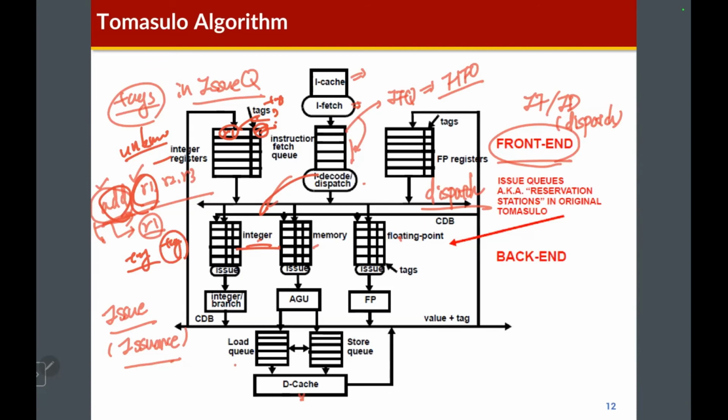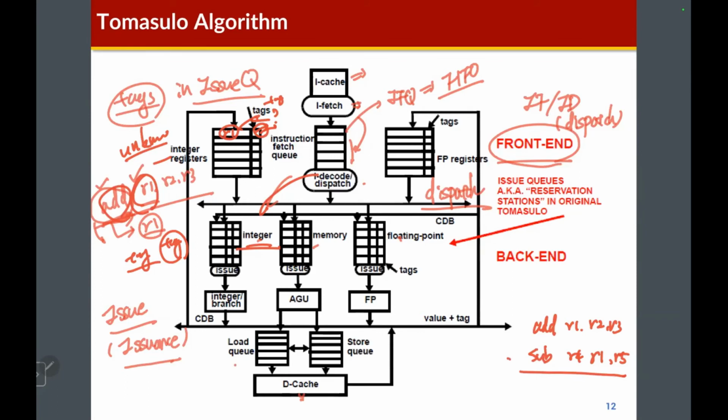So this is add R1, R2, R3, and the following instruction, like sub R5, R1, R4, requires the data from R1. When sub is dispatched, this sub instruction checks the register file.